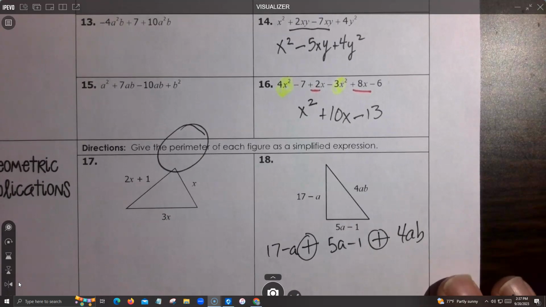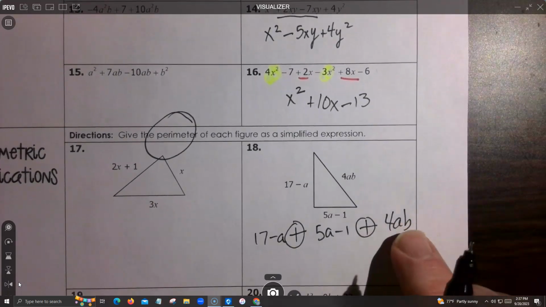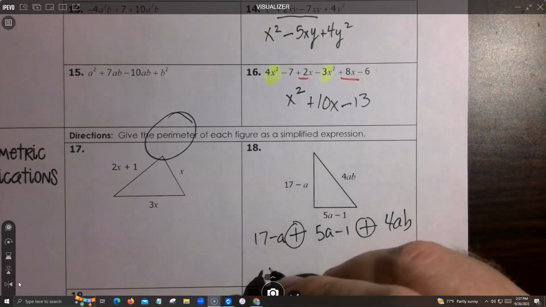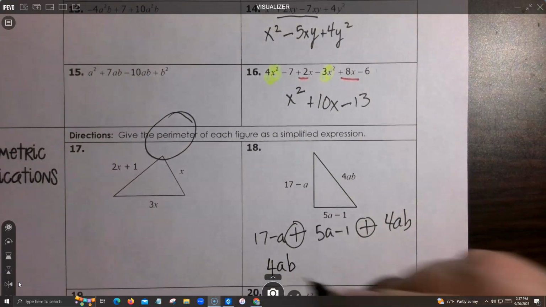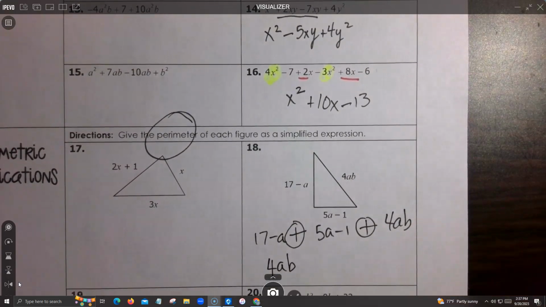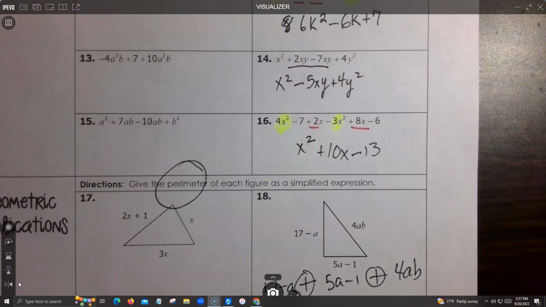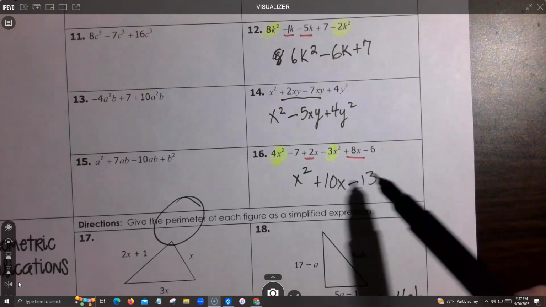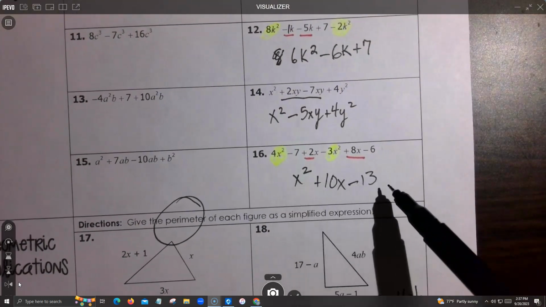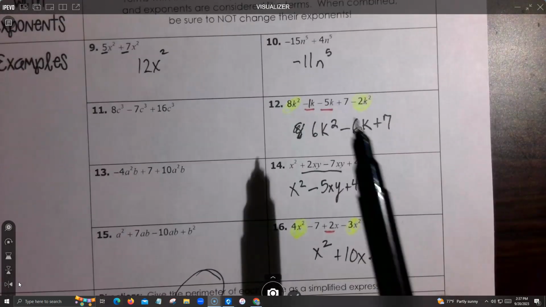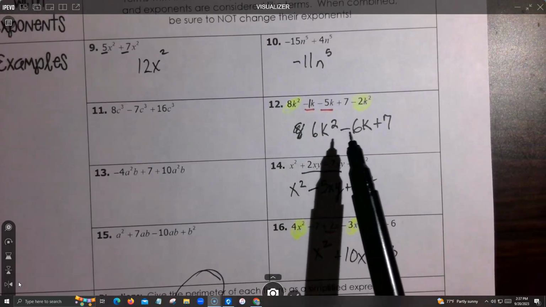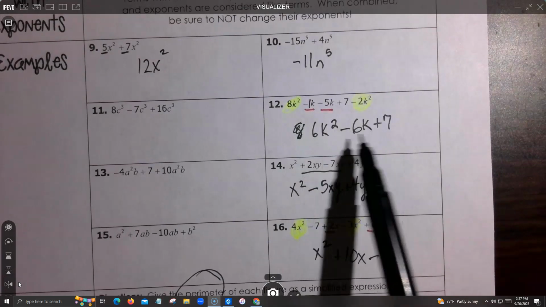So all I'm doing now is combining like terms. So this 4ab would be listed first because it has the most going on, and so we always list that first. Just like, I forgot to mention that when you're doing problems like this one, the highest exponent gets listed first. So see, just like this k squared minus 6k, the k squared is listed first.